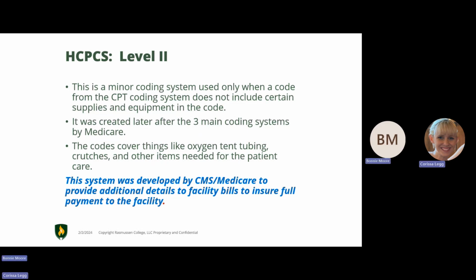And this is why it was created later by Medicare, because sometimes the codes did not really give a true representation of the cost of everything, especially when it came to needing to cover things like oxygen tent tubing, crutches, different types of support equipment for a patient. So HCPCS then becomes an added coding system that will provide additional details to facility bills to ensure full payment to the facility.